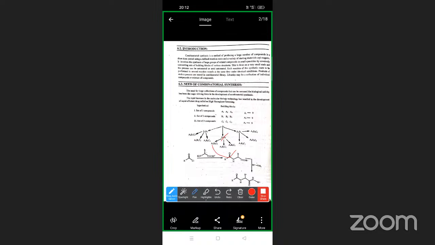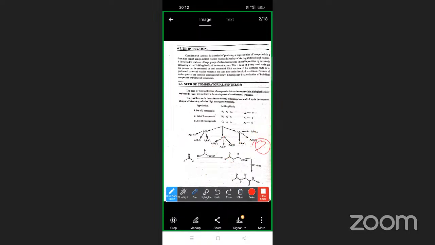Then from this we are getting 3 tripeptides here. And for this A1 B3, you add the C1, C2, C3. Then it becomes A1 B2 C1, then A1 B3 C2 here, and A1 B3 C3. So from this we are getting 3 tripeptides.